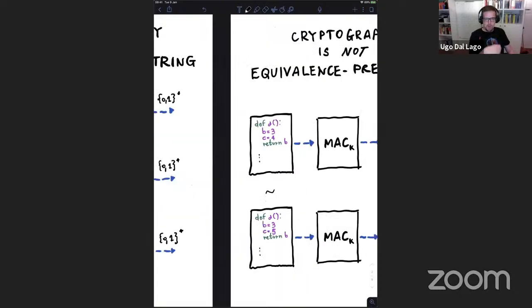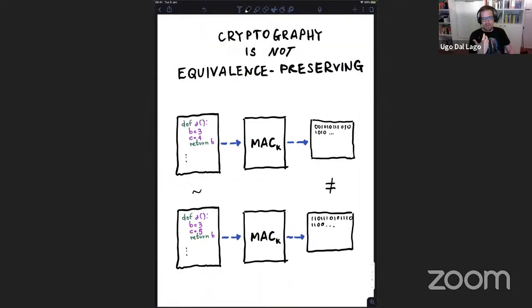This means that whenever you apply the same cryptographic primitives, like authentication, to two programs which are just slightly different and equivalent, namely, they compute the same function, they have exactly the same behavior, you expect, for very good reasons, that the outputs are two completely different strings. Think about hashing, but authentication is exactly the same.